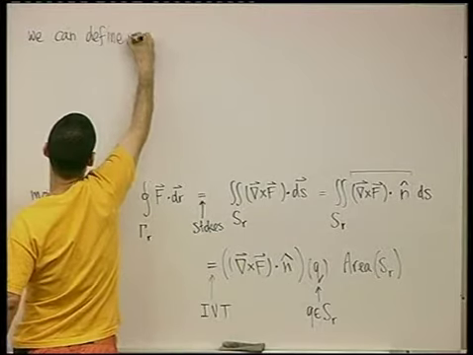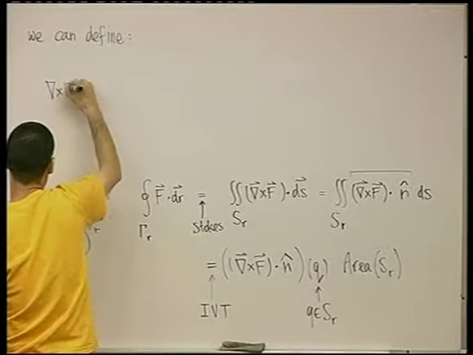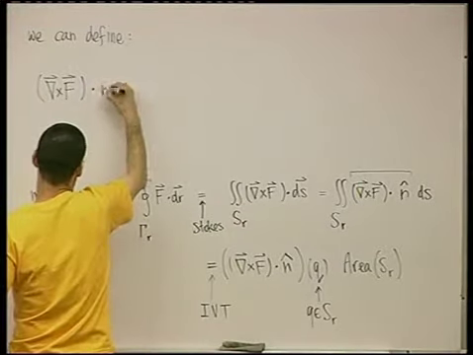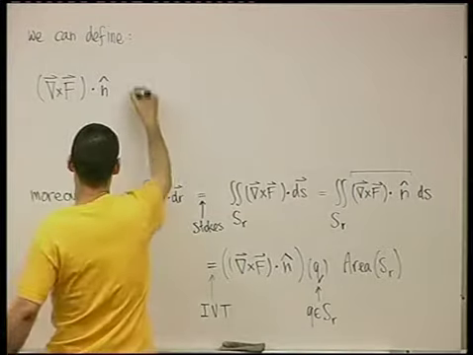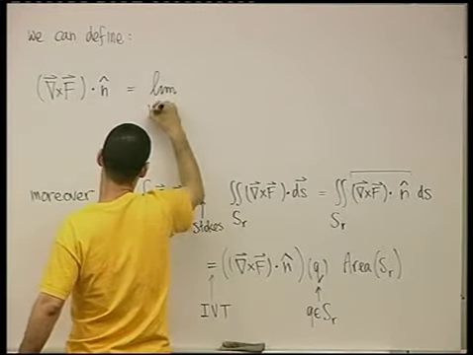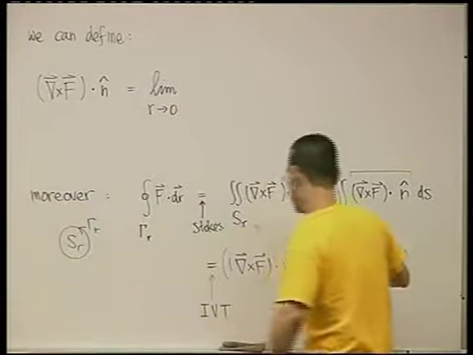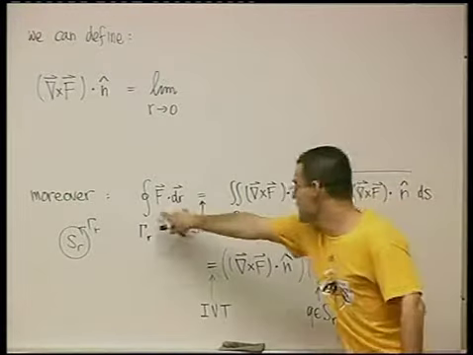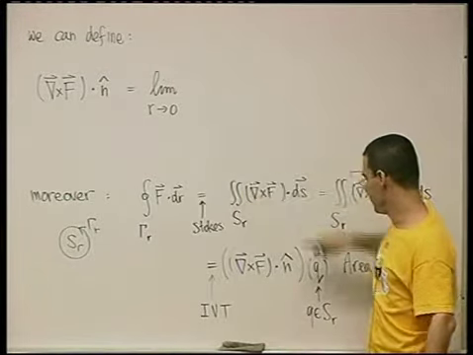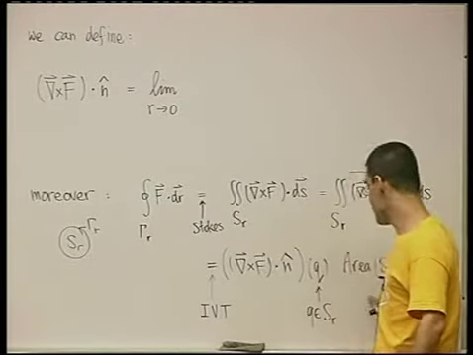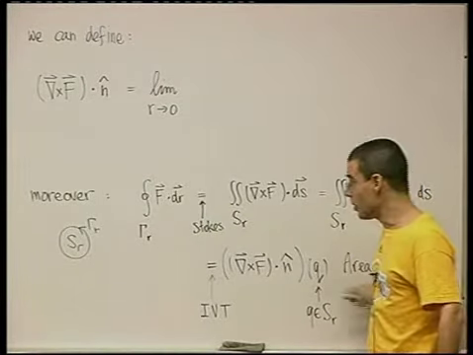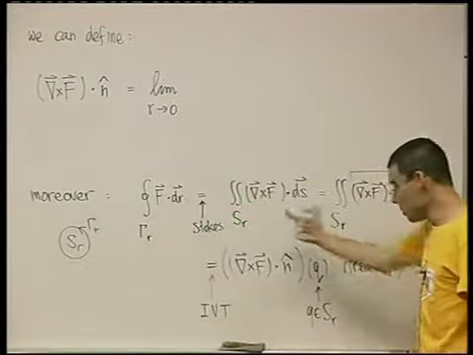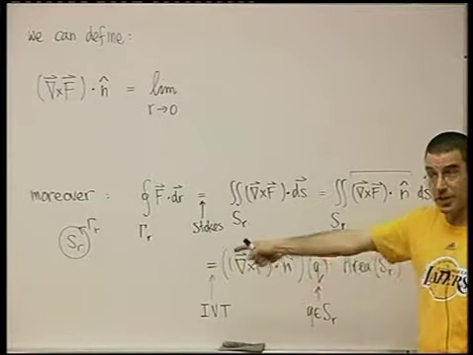So we can define, it's an alternative definition, the rotor of f dot n, dot the normal, to be the limit as r goes to 0. So I'm looking at the two sides, dividing this by this, ignoring all the middle. As I take the limit as r goes to 0, SR shrinks to a point, gamma r shrinks to a point, Q shrinks to the center of that disk, right?